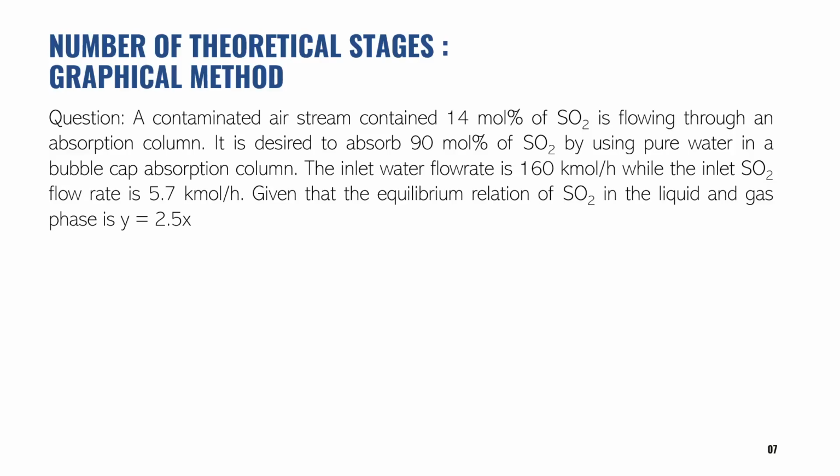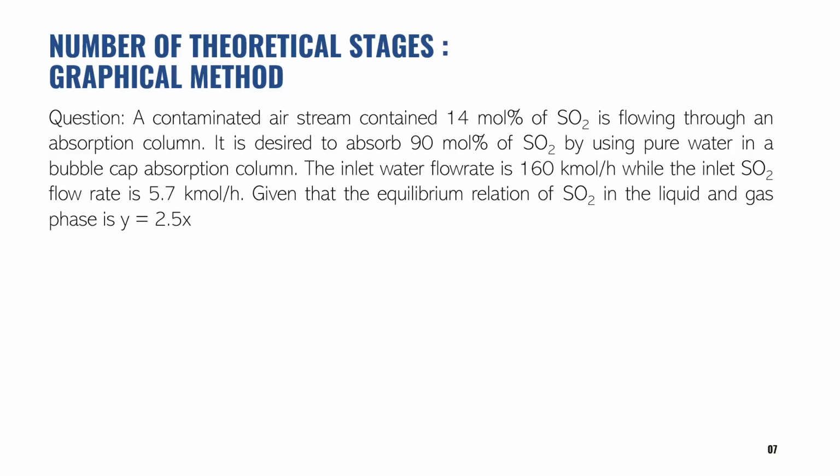And this process is occurring in a bubble cap absorption column. When it says a bubble cap absorption column here, it's clearly referring to the tray tower or plate tower. The inlet water flow rate is 160 kilomole per hour.